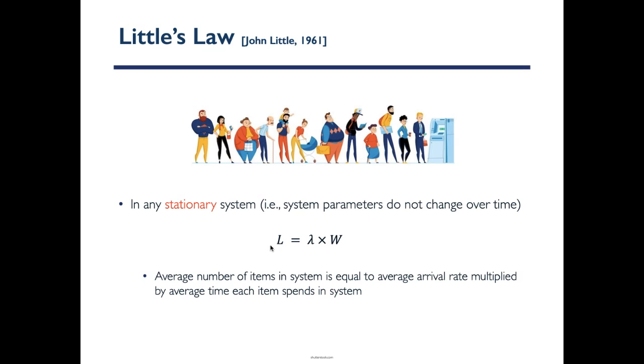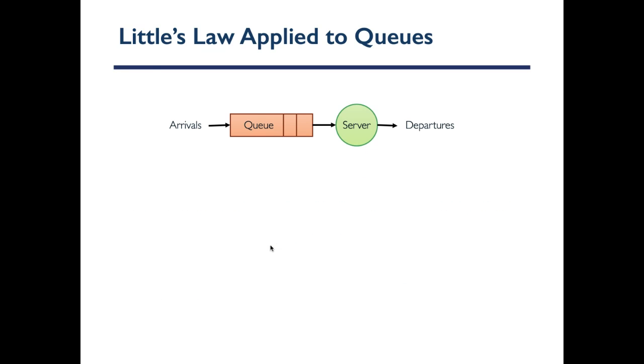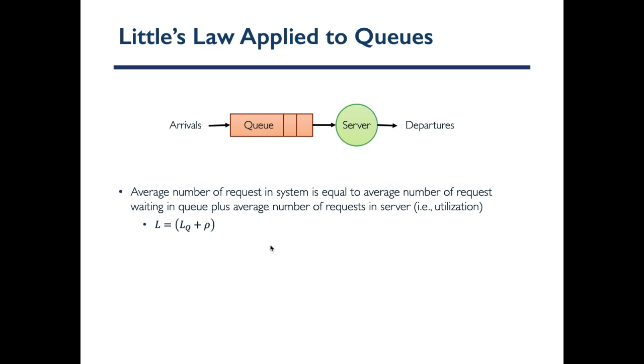But let's look at this in the context of queues. When you have a queue, the number of requests in your system is basically the number of requests that are waiting in your queue plus your utilization, your throughput.